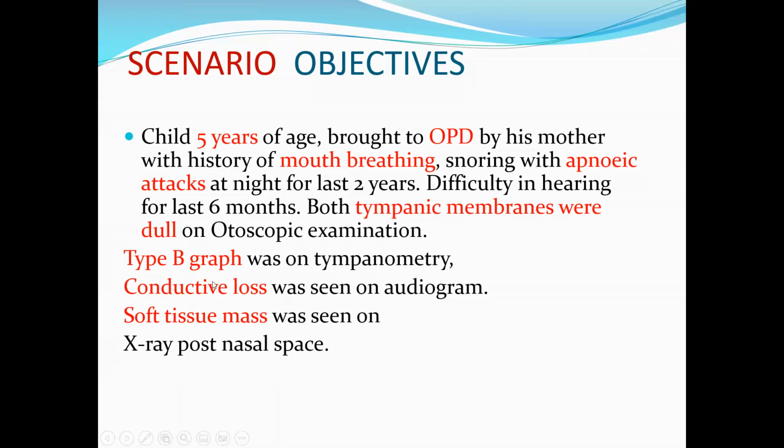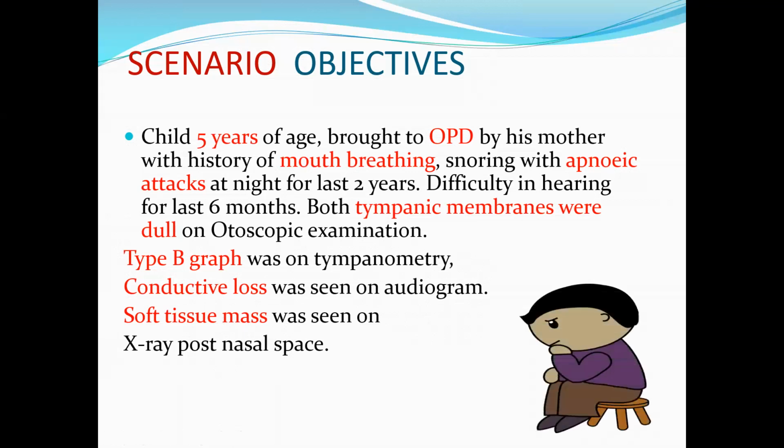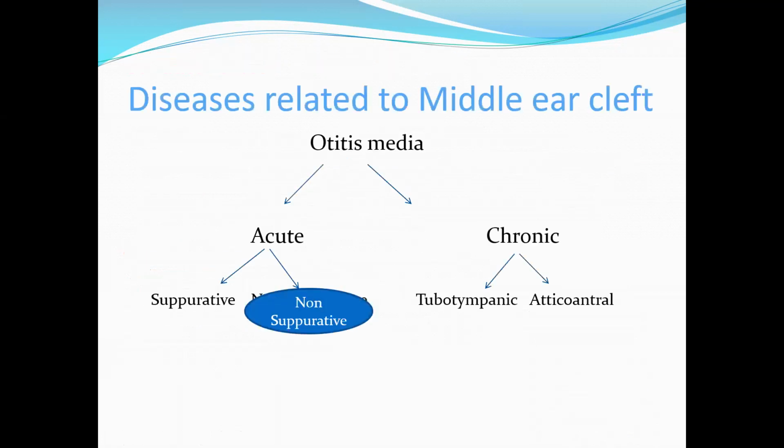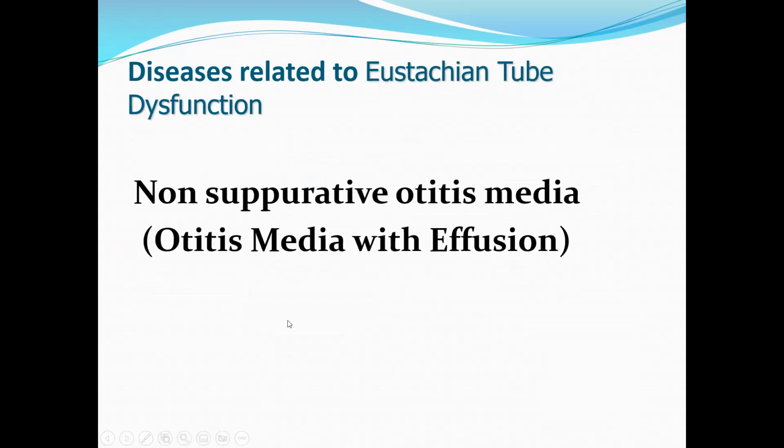Because of collection of this fluid, there is conductive hearing loss that can be assessed by investigation. We call it an audiogram. Because the most common cause is adenoids, these adenoids can be seen through an X-ray of the nasopharynx laterally. So it is non-suppurative inflammation of the middle ear cleft.